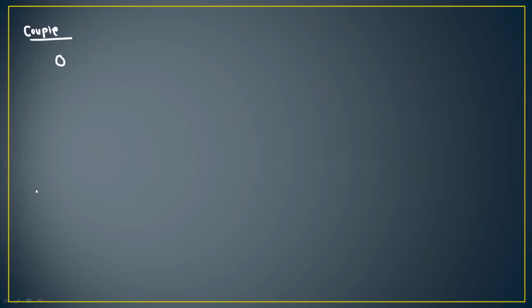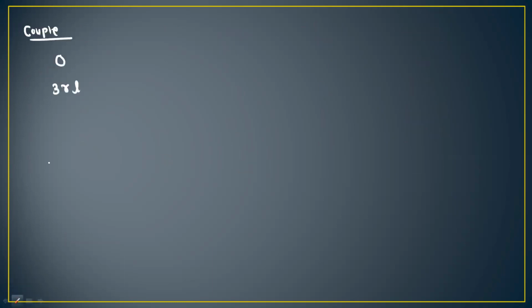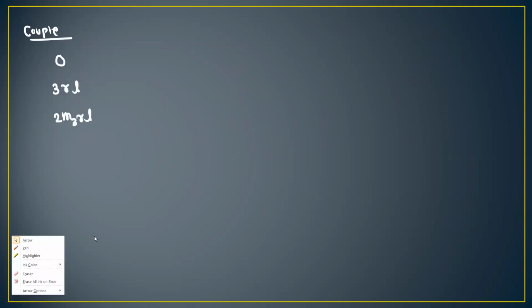Second is 3RL. Okay, so this is for mass m1.